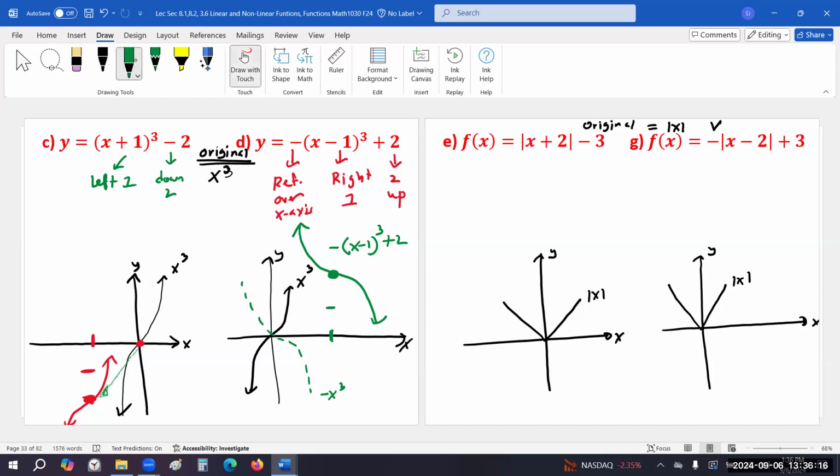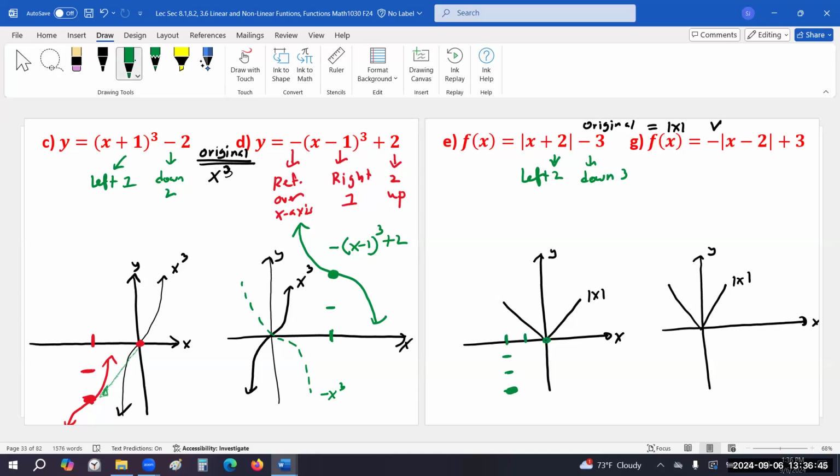Ready? Who wants to try E? And 3 down. 3 down. So you take the same V, 1 left, 2 left, 1 down, 2 down, 3 down.